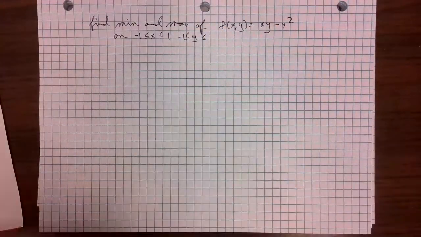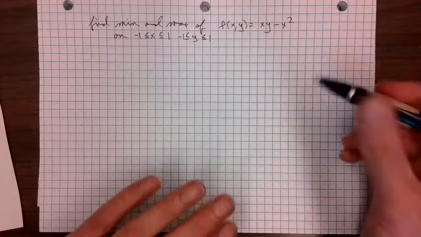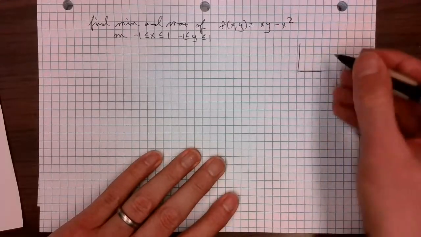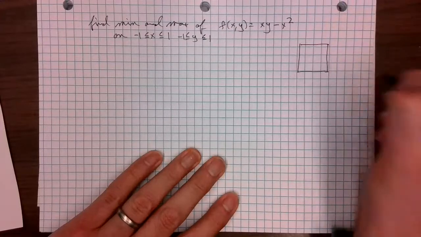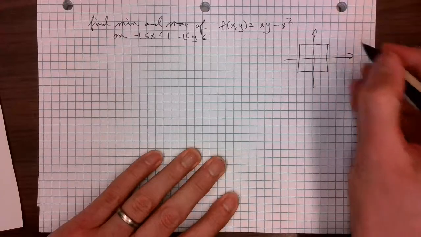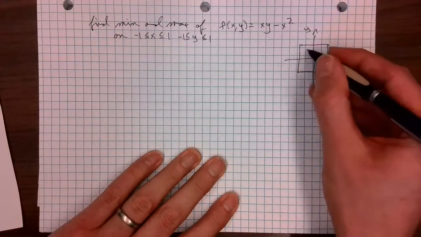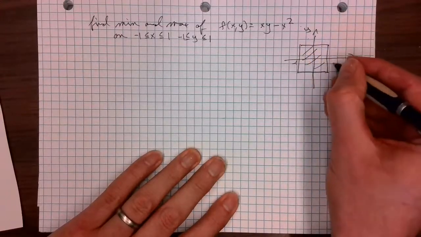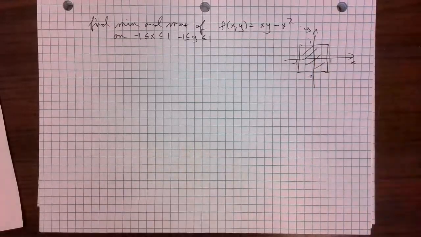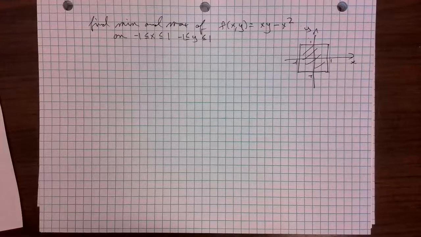Now that is a region that's both closed and bounded. It looks sort of like this: x, y, and you're running from minus 1 to 1 in both the x and the y directions, right?